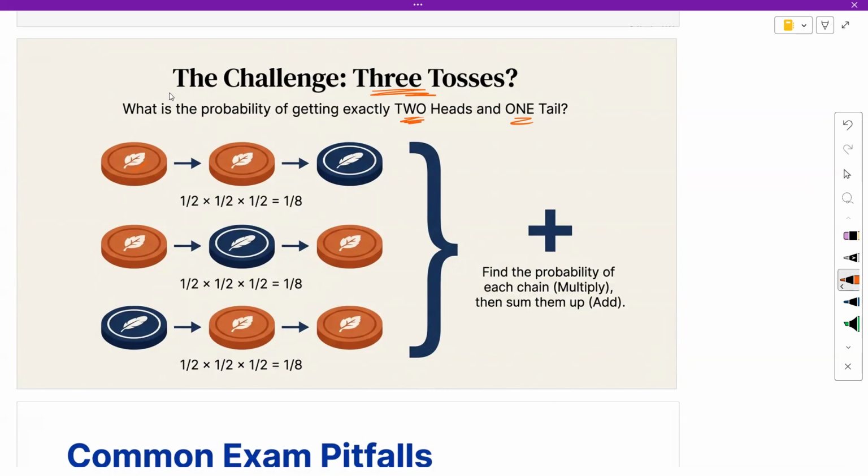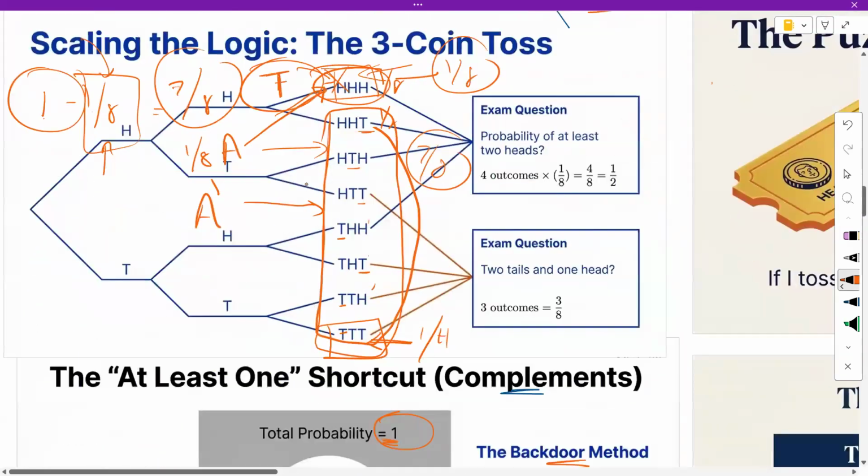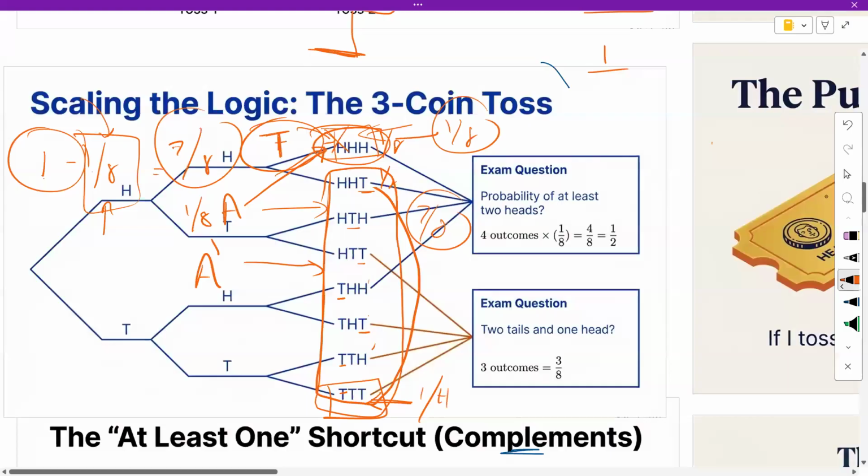Here we know that each has a 1/2 chance. This is the question, this is the sample space.